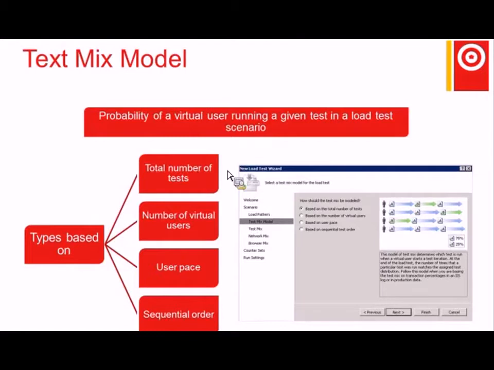From the very start of the test, if we specified in our test mix that we want 50% of tests to be running test 1, and we're about to run a test and the system notices that only 10% of the tests since we started have run test 1, it will run test 1 until that gets up to 50%, or until there's a bigger discrepancy on one of the other percentages.